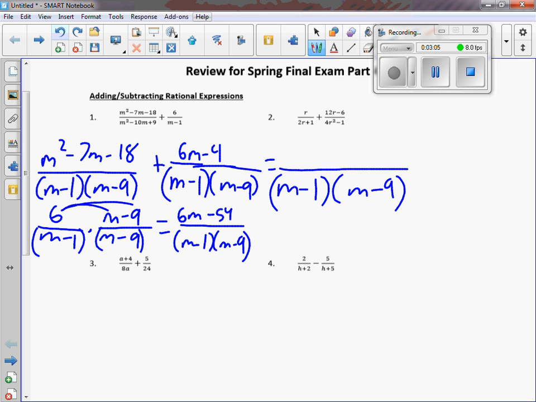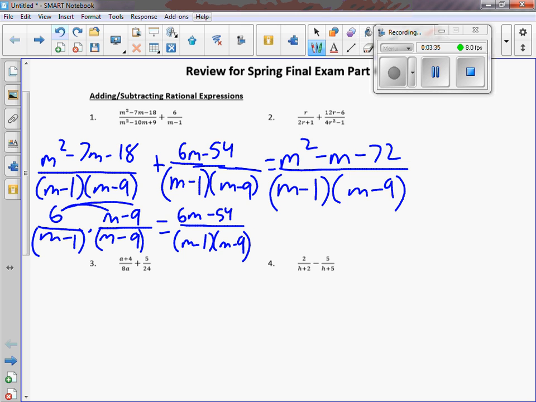So like terms, m squared, -7m and 6m are like terms, so -1m, or just -m. -18 minus 54, I'm sorry, that should have been a 54. -18 minus 54 is -72. And so we've done our adding.